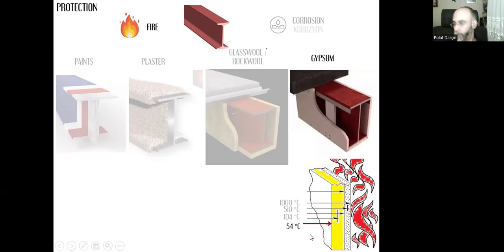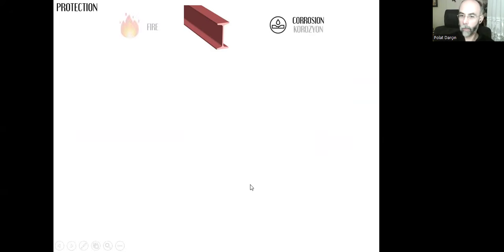And the other side, the side that covers these steel pieces, will have only 54 degrees Celsius. So it will provide a very high level of heat insulation. By the heat insulation, the steel piece will be protected.